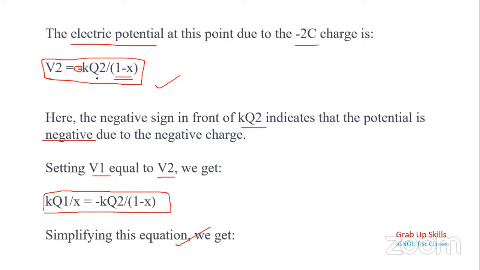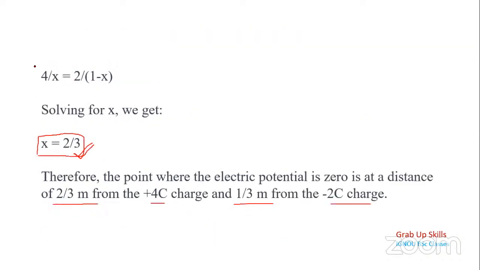When we set these two equal, the v1 equation would be equal to the v2 equation. That is what we have written here. So now we'll simplify the equation and solve for x. When we solve for x, we get the value of x as 2 by 3.